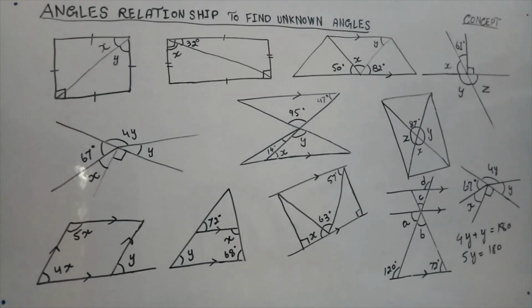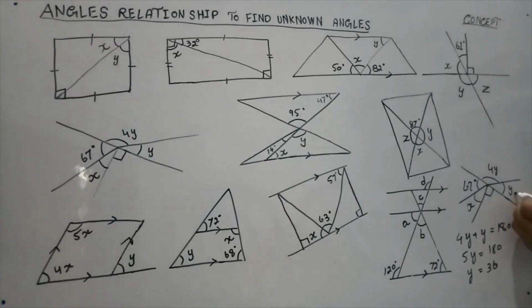So if I divide both sides by 5, here we are left with y, and here we will get 36 degrees. So here the value of y, only the value of y, not these two, is equal to 36.